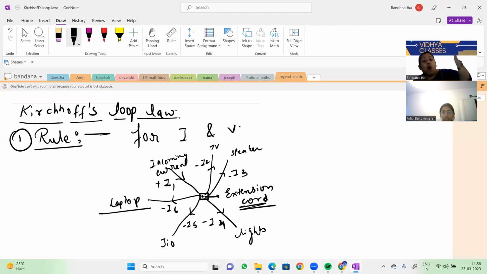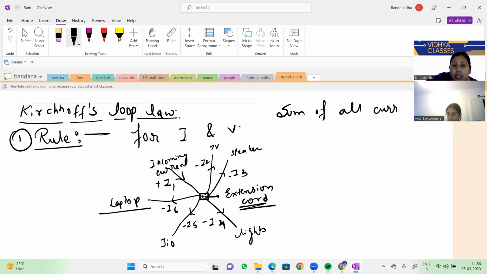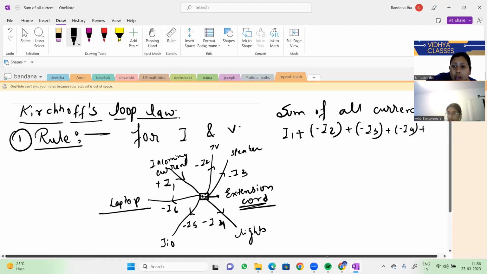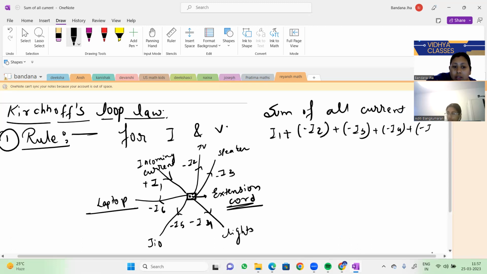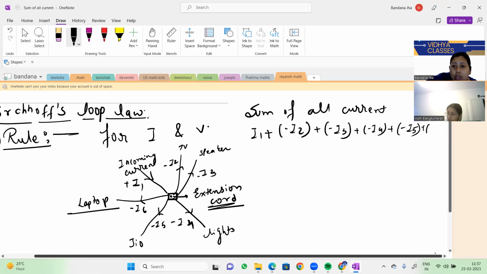The sum of all the currents is I1 coming to the extension box, plus minus I2 to the TV, plus minus I3 to the speaker, plus minus I4 to the lights, plus minus I5 taken to the set-top box, plus minus I6 taken by the laptop.